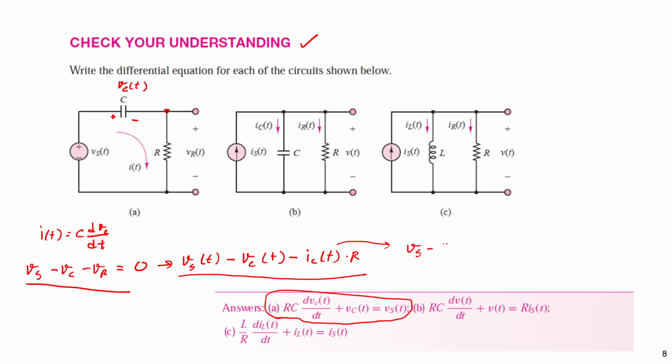Vs minus Vc minus C dV by dt into R. Then we can rearrange into this equation.